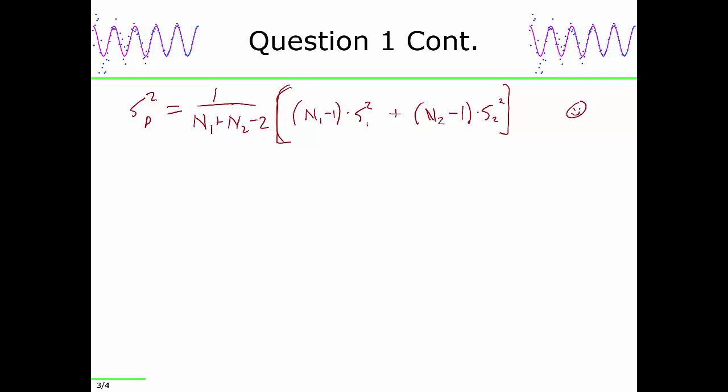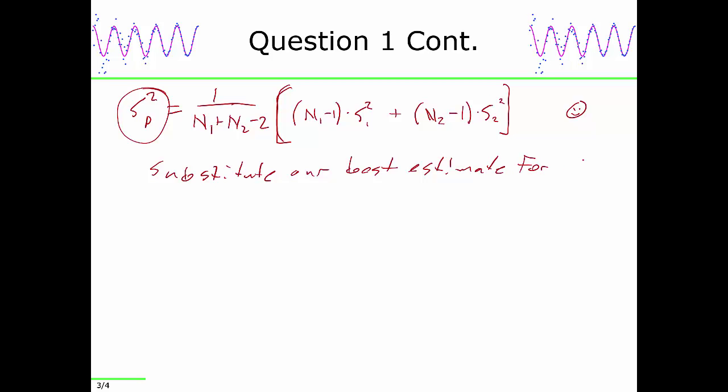All right. Now all we do is take this and substitute, in the z-test example, we'll substitute our best estimate for sigma based on s p.